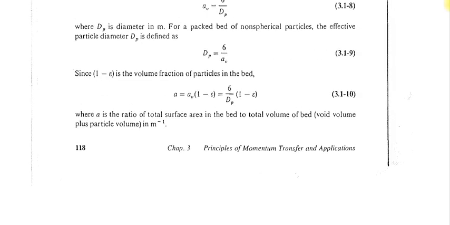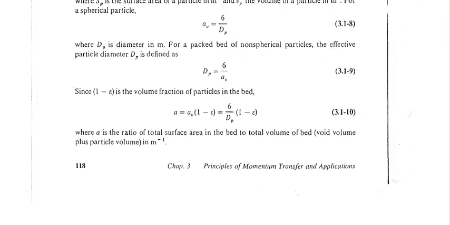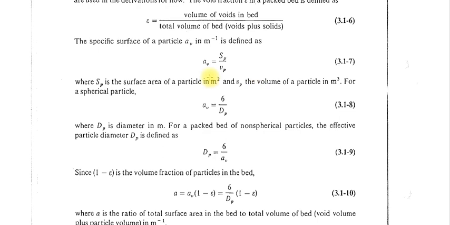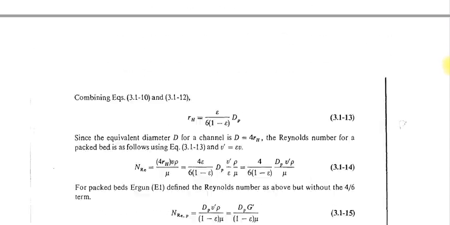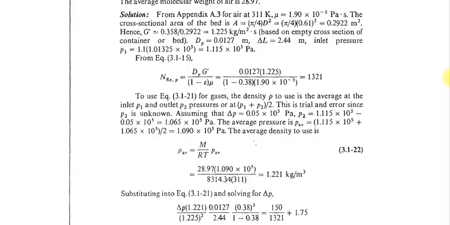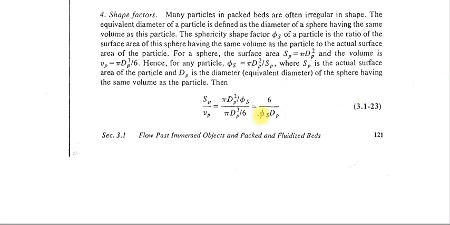So here Av is defined as Sp by Vp and A is defined as Av times 1 minus ψ. So just substitute the value of φs in the Sp and you will get these formulas.